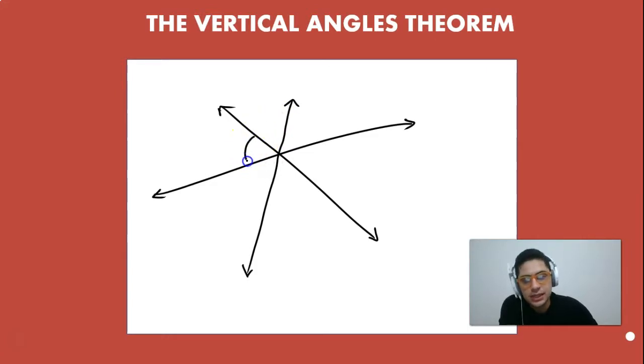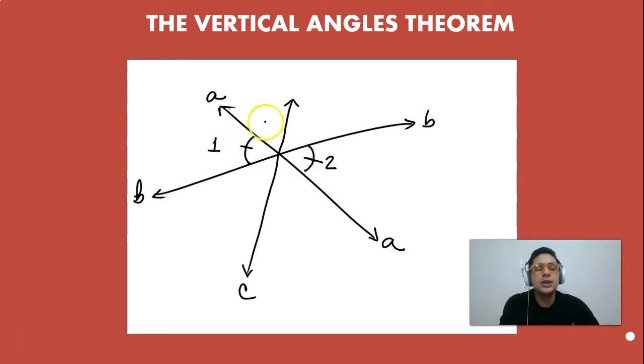For example, let's call this line A, this line B, and this line C. This angle here, which we'll call angle 1, is formed by line A and line B. This angle here, which we'll call angle 2, is also formed by those same two lines and is going to be congruent. So if angle 1 is 60 degrees, angle 2 is also going to be 60 degrees, right?